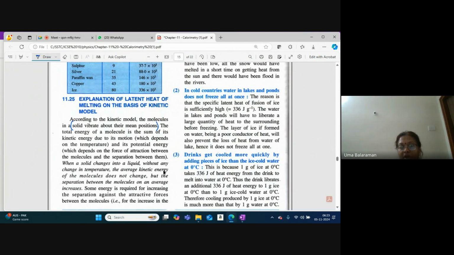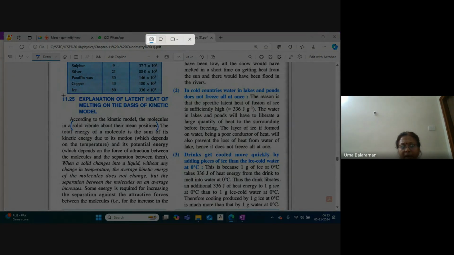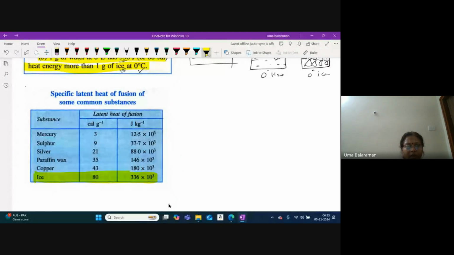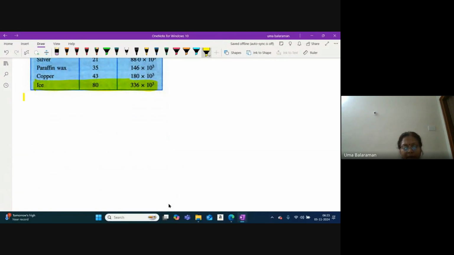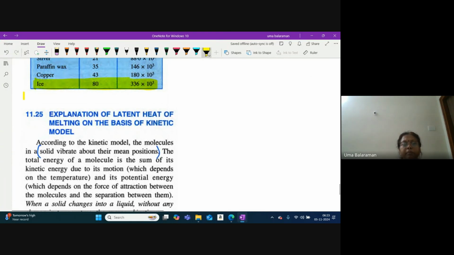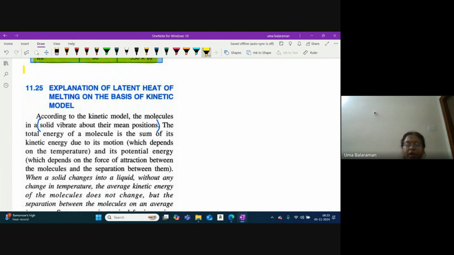The total energy of a molecule is the sum of its kinetic energy due to motion and the potential energy due to the force of attraction. I think you studied kinetic model in another chapter also, like you studied the pendulum and the tossing of a coin, in the energy lesson.